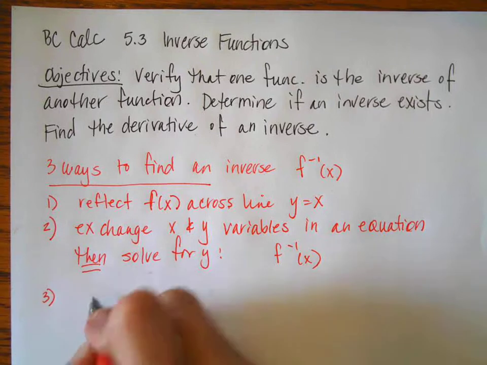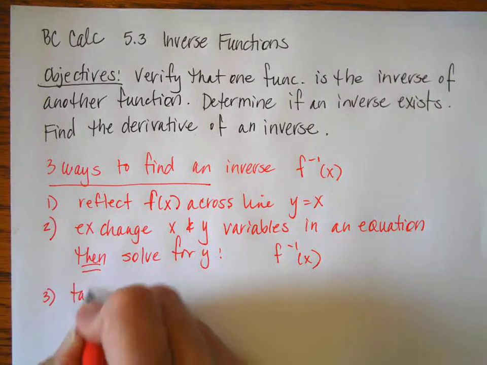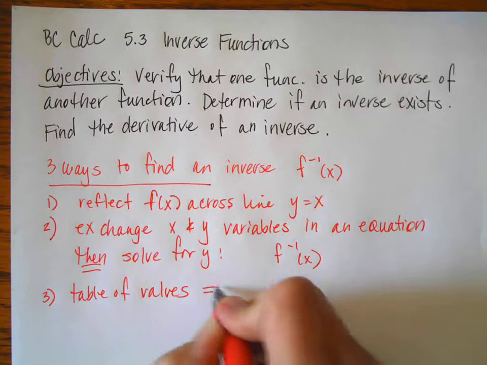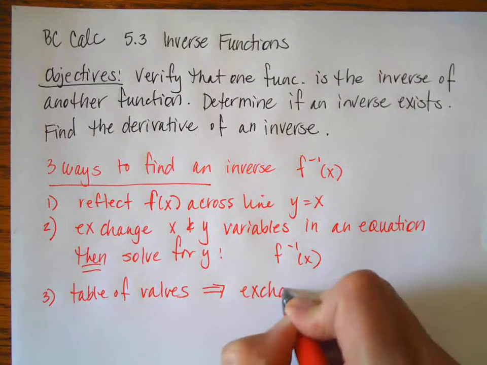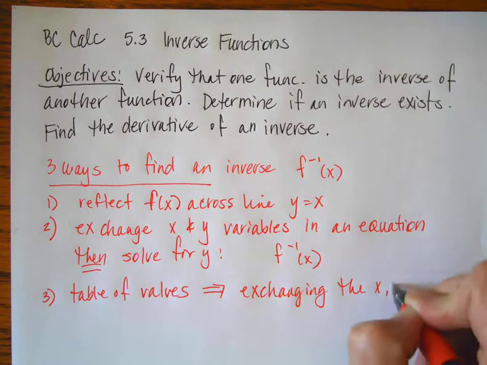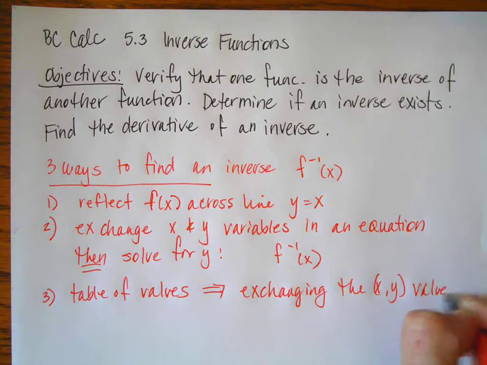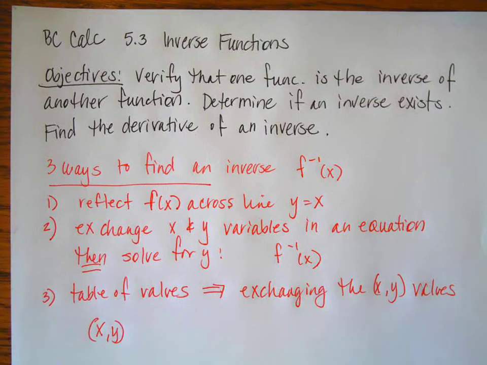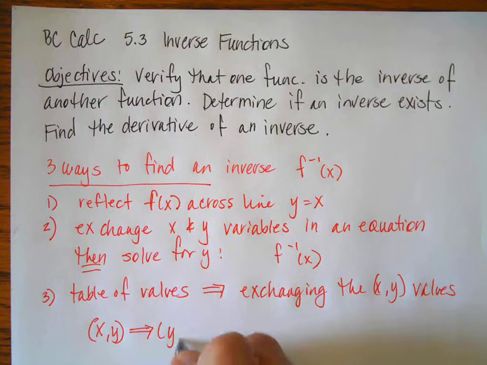And then the last way would be in a table of values. And that would be exchanging the x and y values. So if I have an ordered pair that starts off as x and y, when I find the inverse, it's going to become y and x.